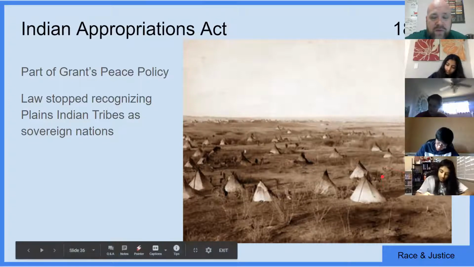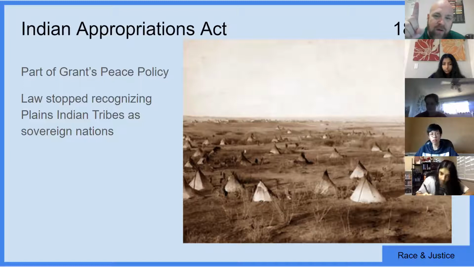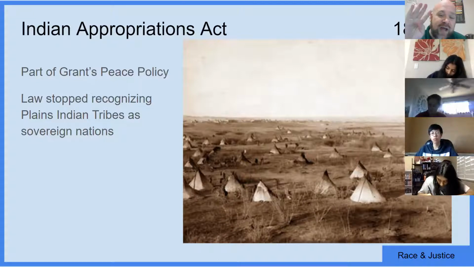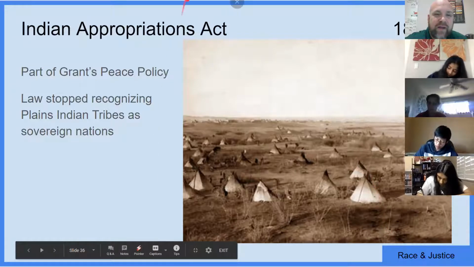So from this point forward, the US Army is dealing with tribes directly, and the tribes are having to deal with Army policy. The tribes cannot negotiate by themselves. Previous treaties are not recognized anymore. And here's your last thing. The policy is for the natives to be assimilated.